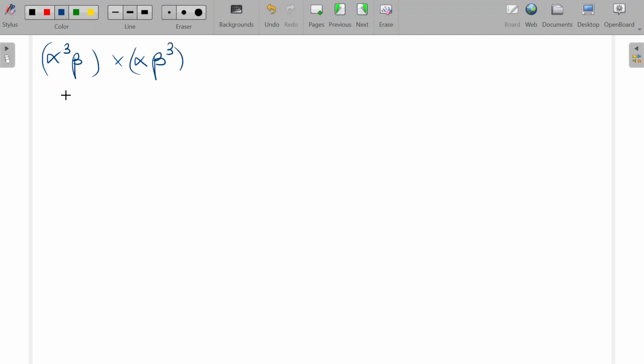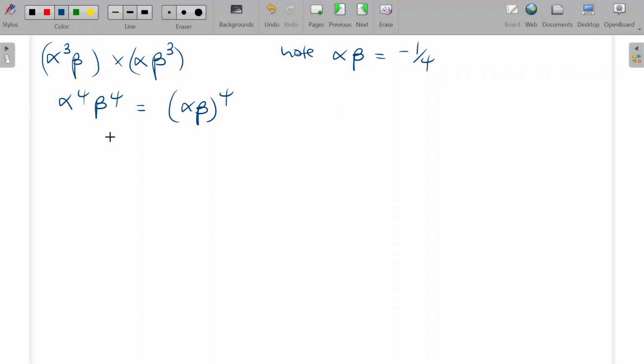So here you just multiply. This one multiplying with the alpha is going to be alpha to the power 4. Then the beta with the beta is going to be beta to the power 4. As a result, you can just factor out the power 4, and you're going to have alpha beta to the power 4. Then alpha beta, you already know what it is. Note that alpha beta is equal to negative 1 over 4.